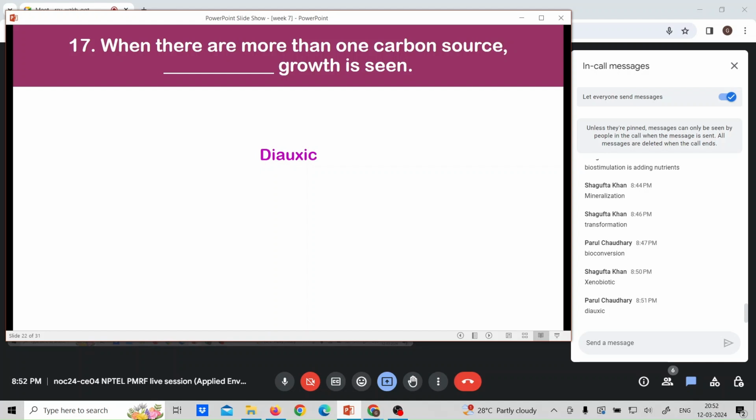So first you get a lag phase and then a log phase that constitutes the consumption of glucose, and after that it should ideally go to a stationary phase, but since we have one more carbon source, it again gets used to lactose, so it goes into one more lag phase and then another log phase with respect to lactose consumption, and then it goes to the stationary and decline phase. So diauxic growth can be seen when there is more than one carbon source, where you have two lag phases and two log phases.